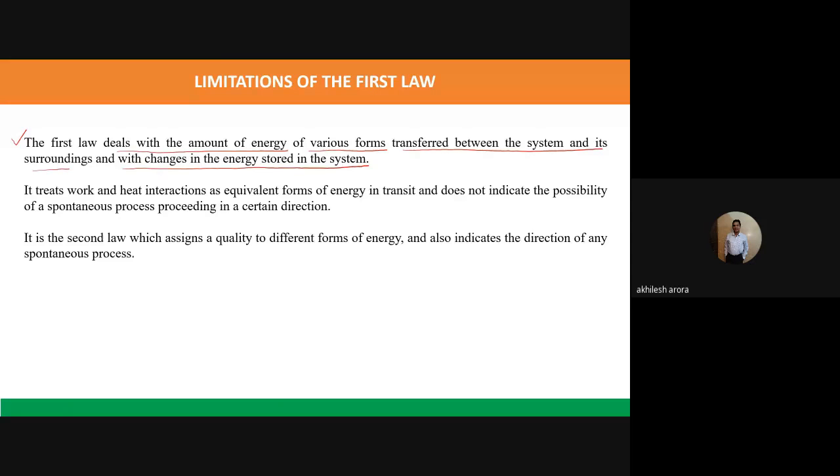We know the first law is delta Q equals delta W plus dU, or sometimes in place of dU we also write dE.